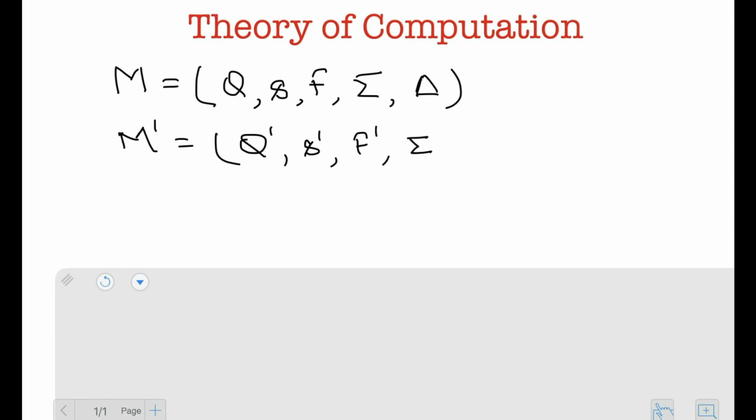Sigma, of course, will remain the same. My alphabet is not going to change. And I have a delta prime, let me call it. So this is my DFA that I'm going to construct.